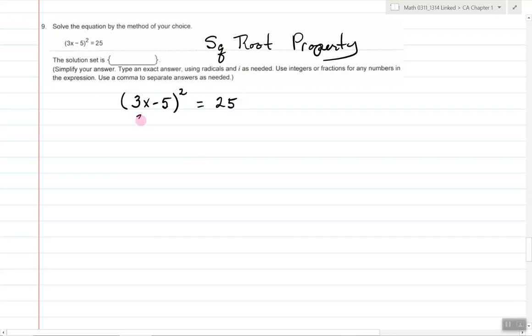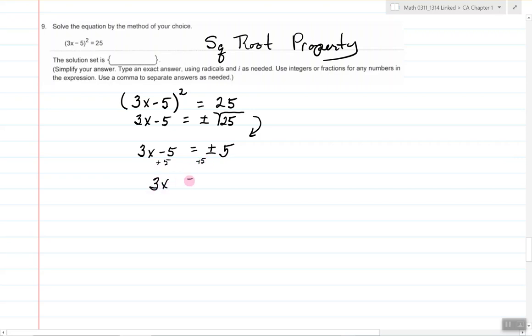Square root property, I get 3x minus 5 is equal to plus or minus the square root of 25. And yes, that simplifies. So I have 3x minus 5 is equal to plus or minus 5. But I'm not finished. I need to solve for x. So add 5 to both sides, but put it in front.